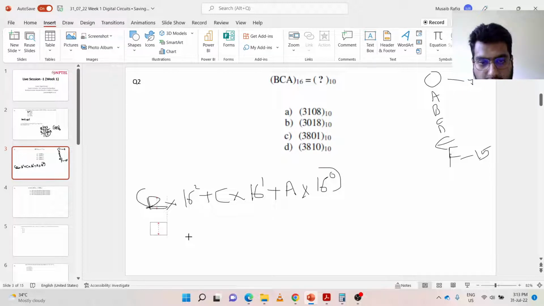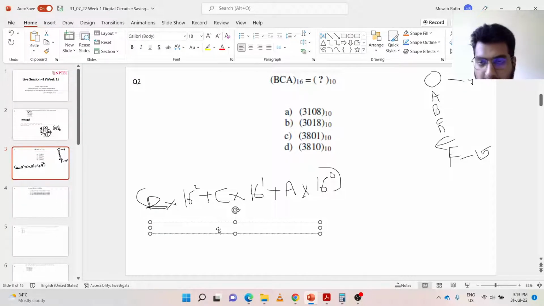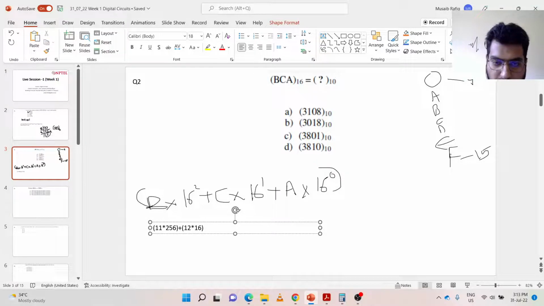We know that B here means 11. 11 multiplied by 16 squared, which is 256, if I am not wrong. Plus C is 12, 12 multiplied by 16, and finally 16 to the power 0 is 1, multiplied by A, that is 10.